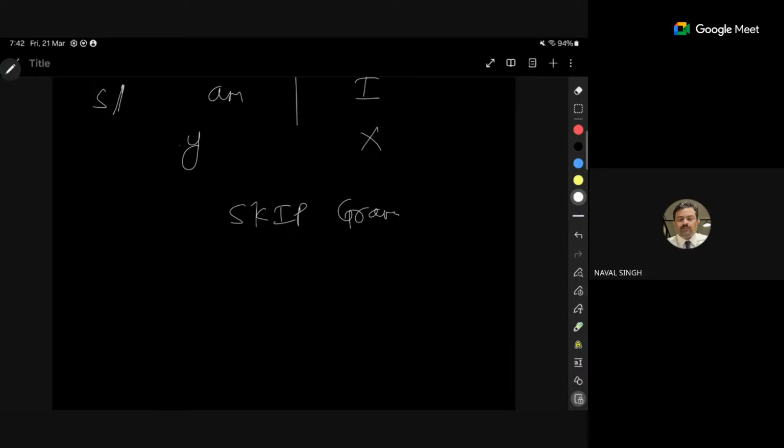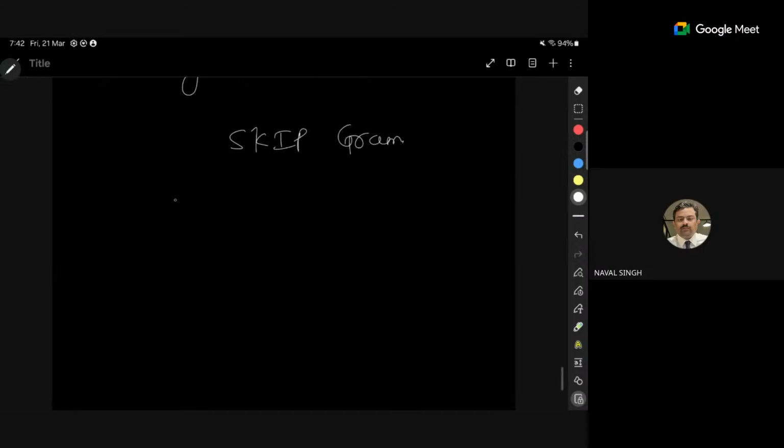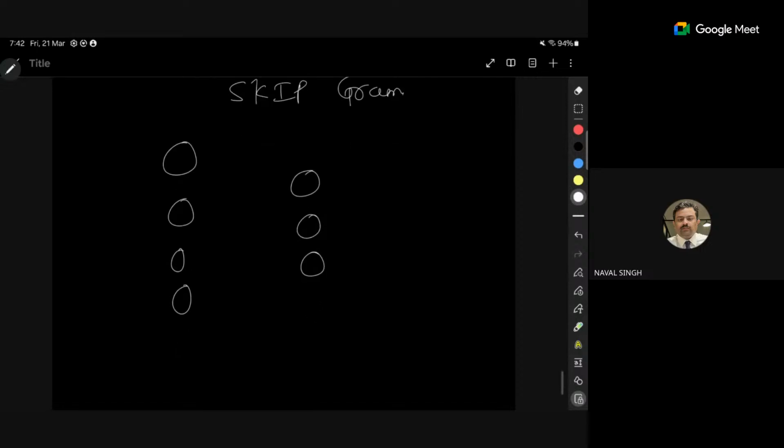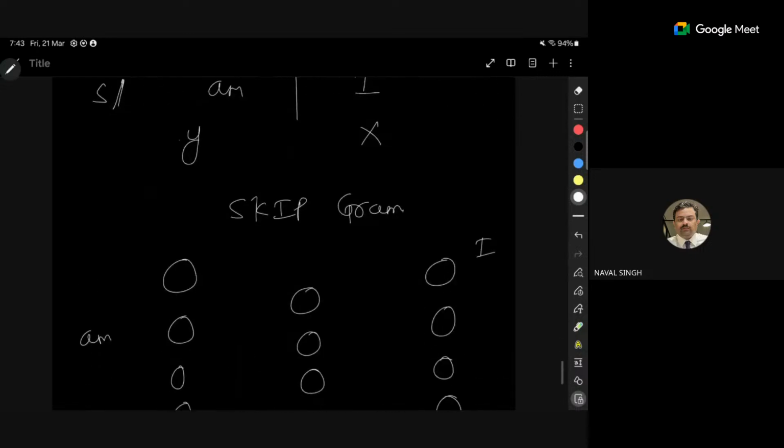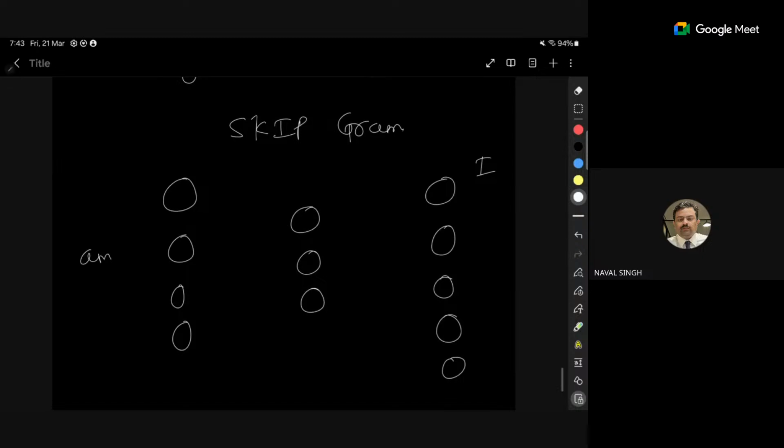In skipgram, there is nothing different I'm doing. We'll have a similar input layer, hidden layer, and then output layer. But this time I'm predicting context. Let's say I give M as input, then my prediction should be I and going. These two should be my prediction.